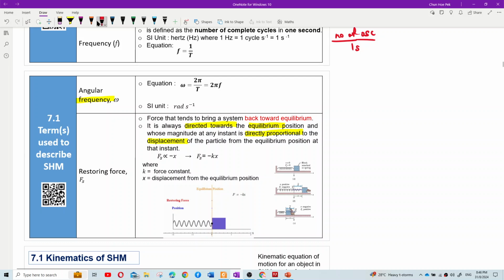So the higher the displacement, the higher the force in the spring. F equal to negative kx. Why got negative? Negative because opposite direction. Negative means opposite. Opposite what? Force is opposite the displacement. Okay?